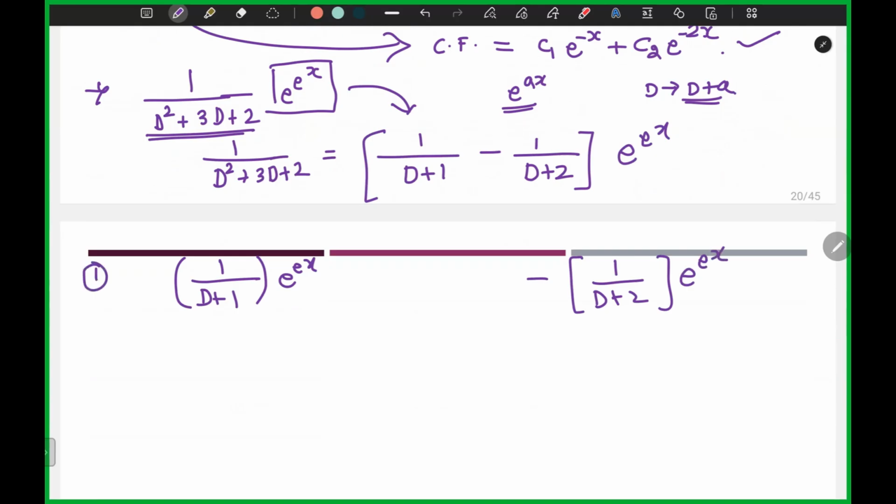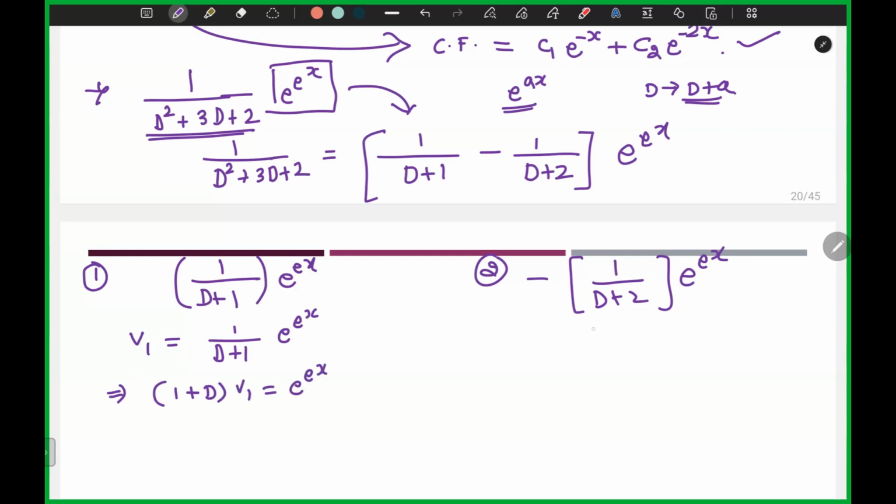So now this is the first part, this is the second part for finding the particular integral. So how will you proceed? We can take the first part equal to v1 and convert it into a linear differential equation, which we discussed in the last session. So it is D plus 1 v1 equals e to the power x.